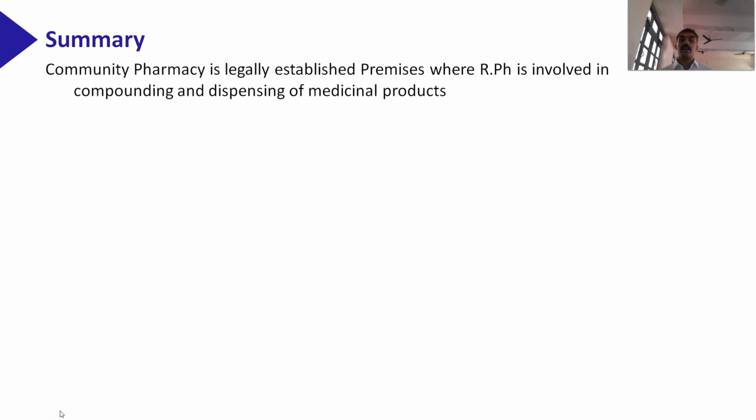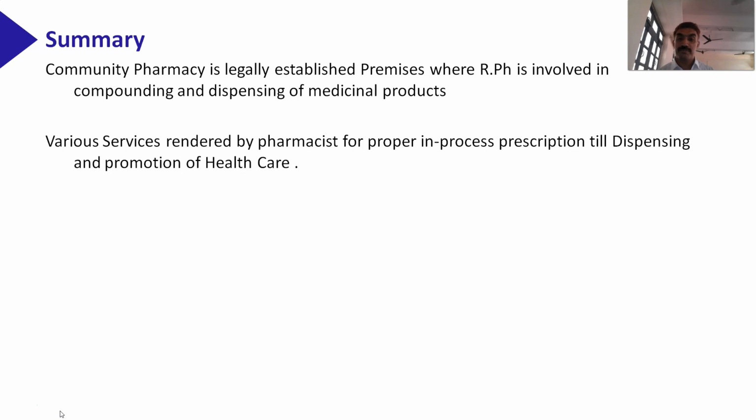We have seen that the community pharmacy is a legally established premises where a registered pharmacist is involved in compounding and dispensing of medicinal products, and various services rendered by the pharmacist from prescription processing till dispensing and promotion of healthcare.